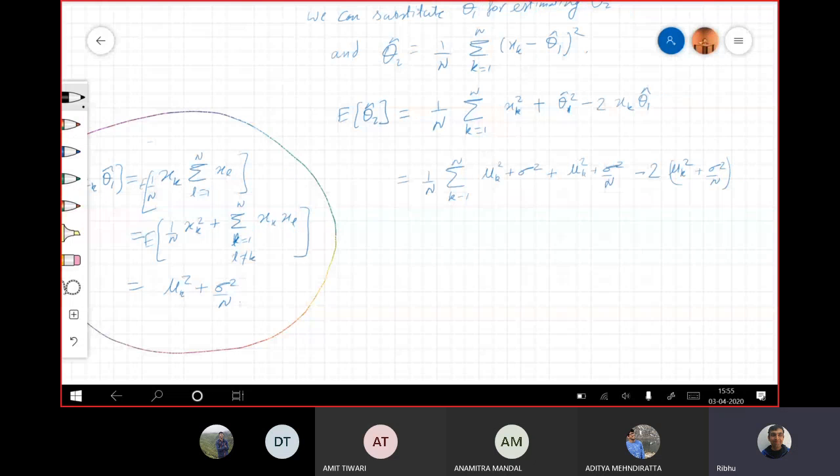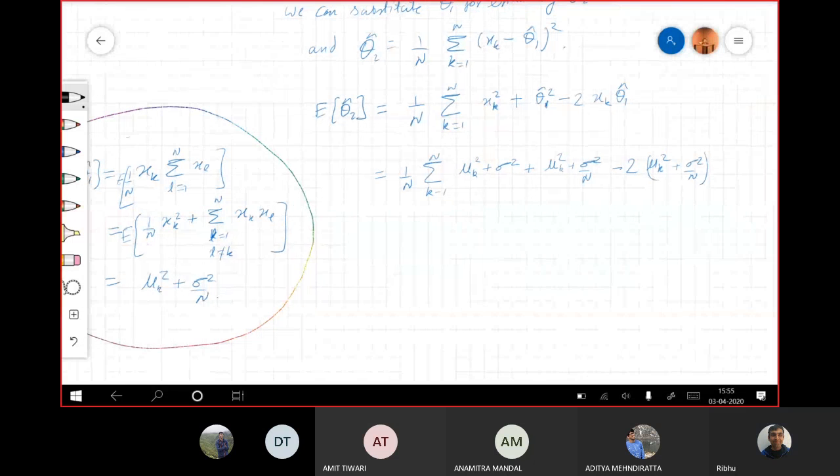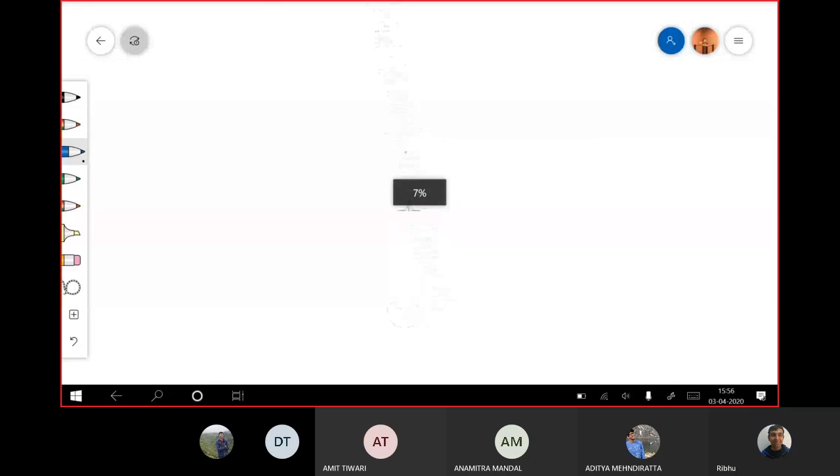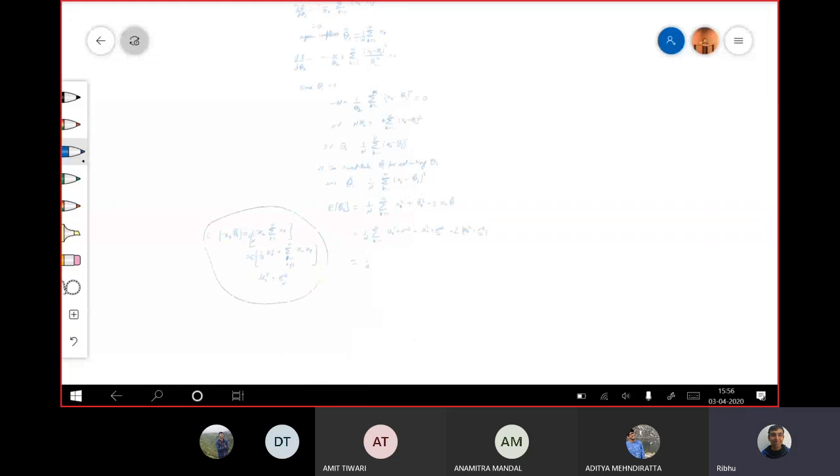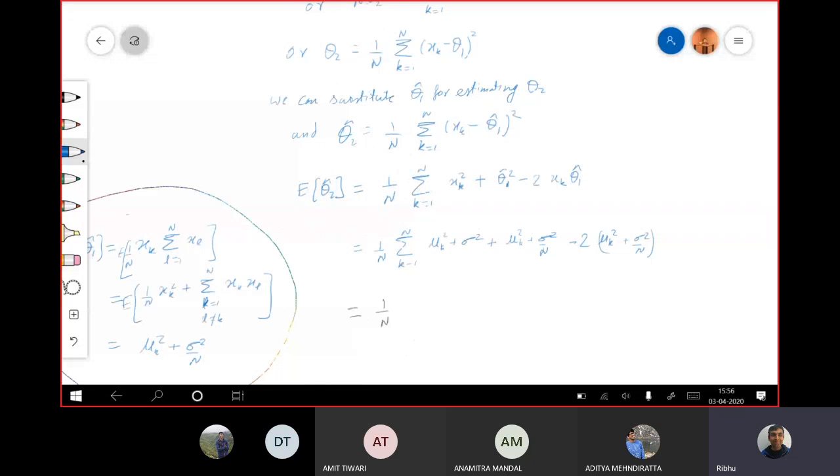So this and this is 1 upon n summation k equal to 1 to n mu square plus mu square minus 2 mu square plus sigma square plus sigma square by n minus 2 sigma square by n equals 1 upon n.